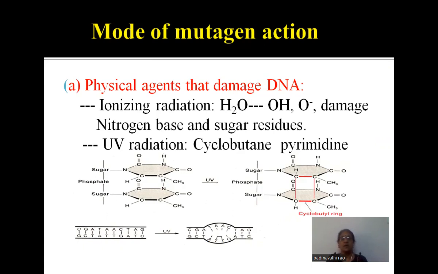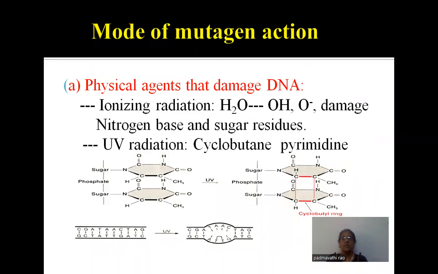Ionizing radiation, UV radiation or X-rays, whatever the physical agent may be, generally first works on water, because water is the main component in any biological organism. If you observe any cell, 80 to 90% of the cell contains water. So the first exposed agent is water.